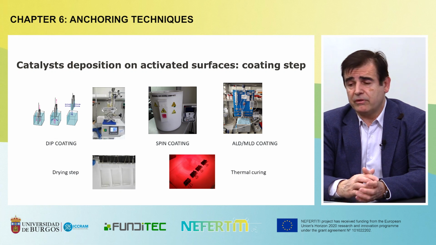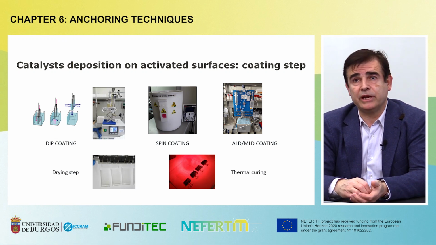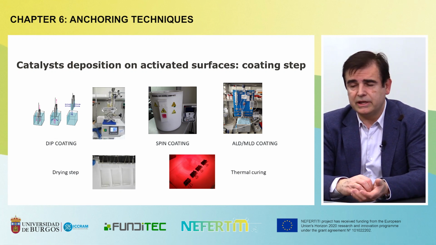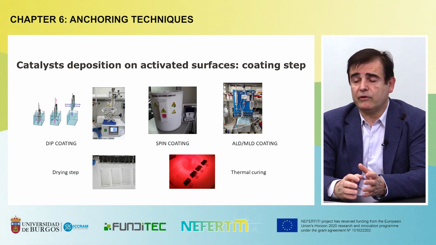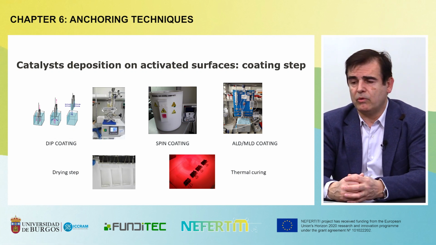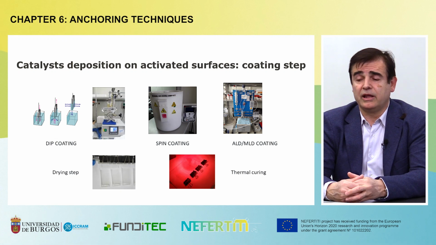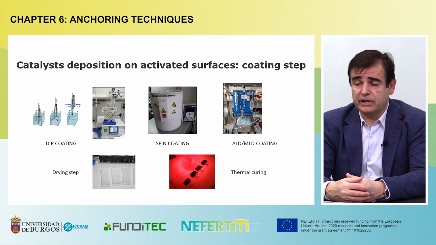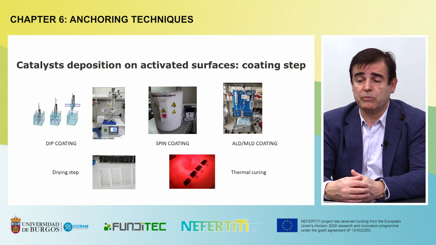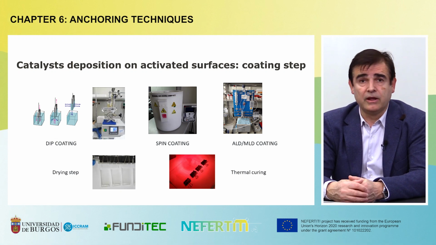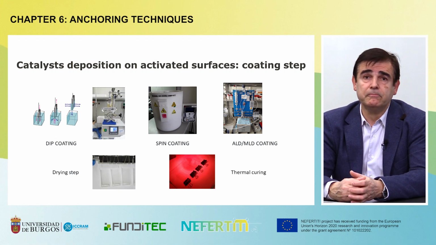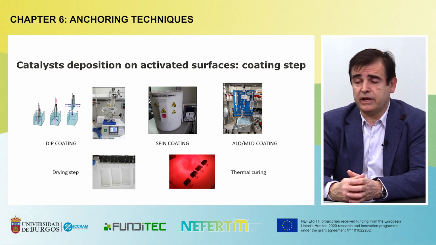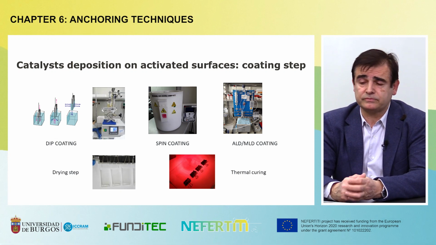In the spin coating method, a drop of the coating solution is applied on the surface, which is rotating at high speed. The centrifugal forces distribute the solution over the entire surface, and evaporation of the solvent provides a homogeneous surface in both area and thickness. The layers obtained by these two methods give surfaces with a thickness of less than 50 nanometers.